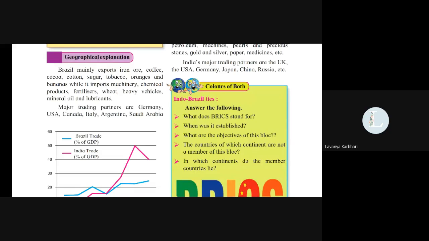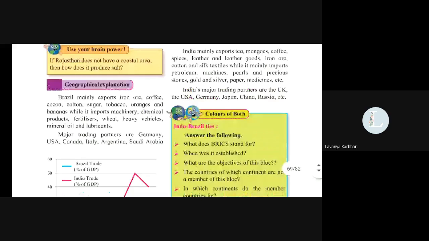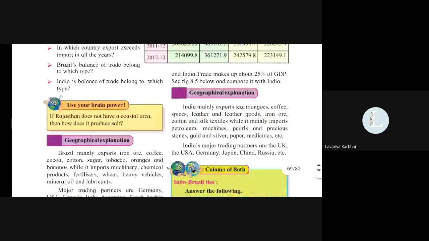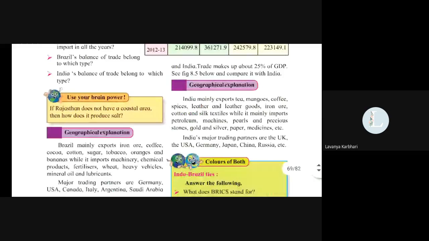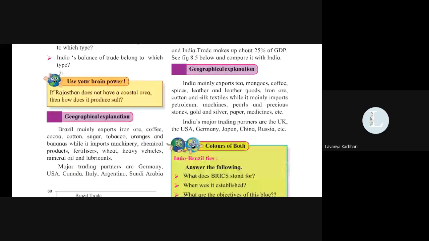Major trading partners are Germany, USA, Canada, Italy, Argentina, Saudi Arabia, and India. Okay, trade makes up 25% of the GDP. So this is the explanation for Brazil.